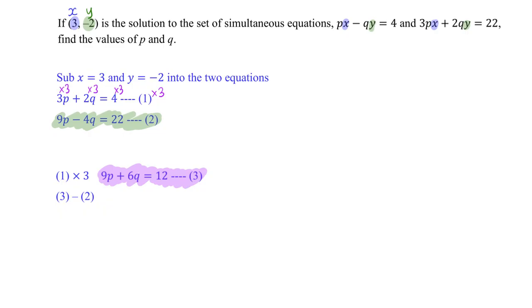Both work. But since I have chosen to use equation 3 minus equation 2, this is how the working looks like, where my equation 3 is minusing my equation 2.